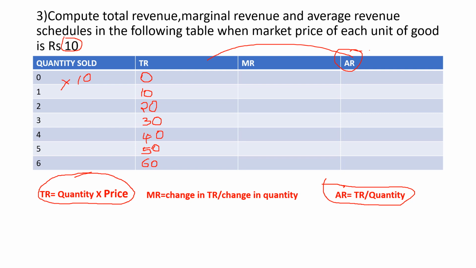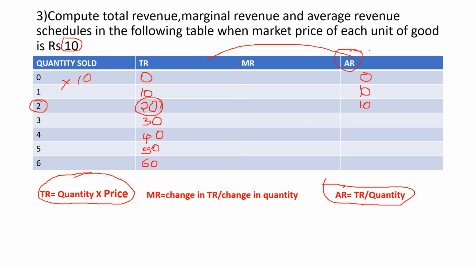Total revenue 0 divided by 0, the answer is 0. Next one, 10 divided by 1 is 10 itself. Correct? Then 20 divided by 2. You have to divide by the respective quantities. 20 divided by 2 is again 10.